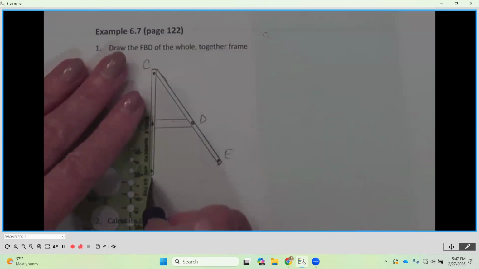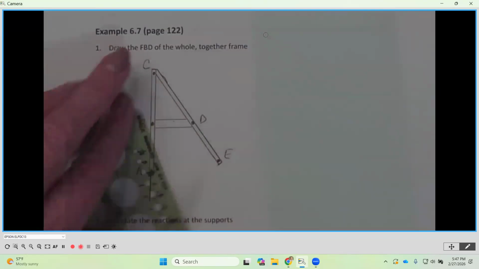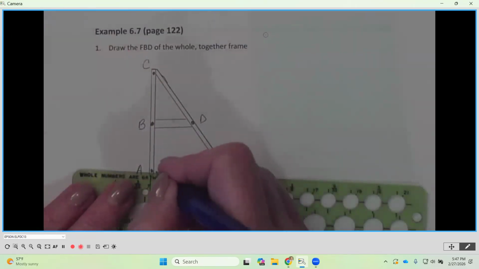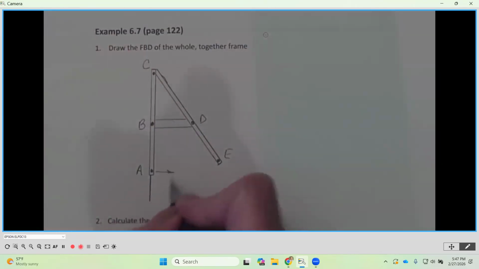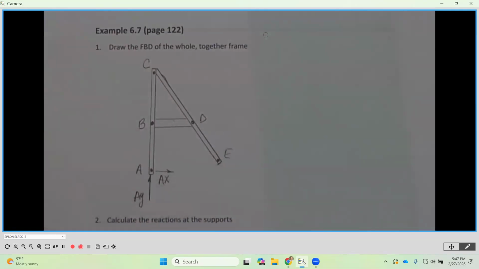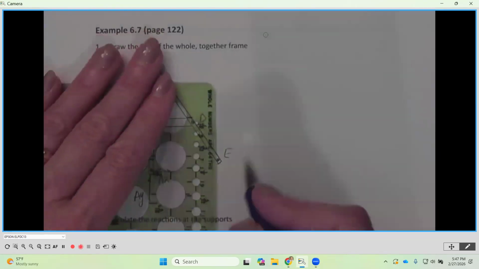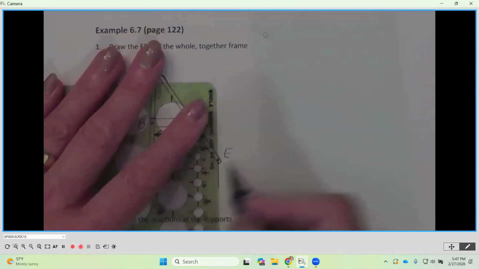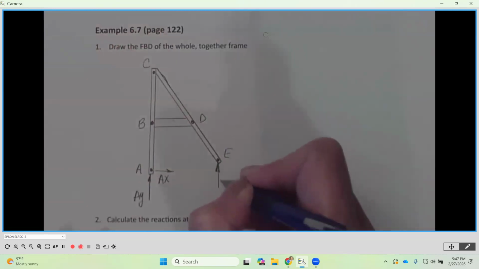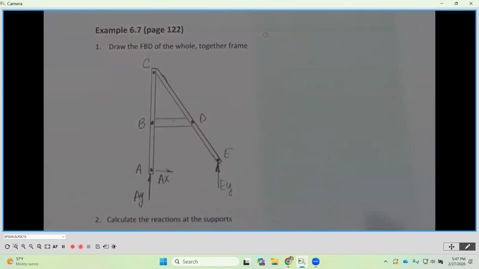Since A is a pin, I'm just going to draw an X and a Y reaction at A. Okay, and I'm just going to show a Y going up and an X going to the right. Okay. And then E is a roller. Since that roller is riding on a horizontal surface, our reaction is going to be perpendicular to that. So this is going to be E_y right there.